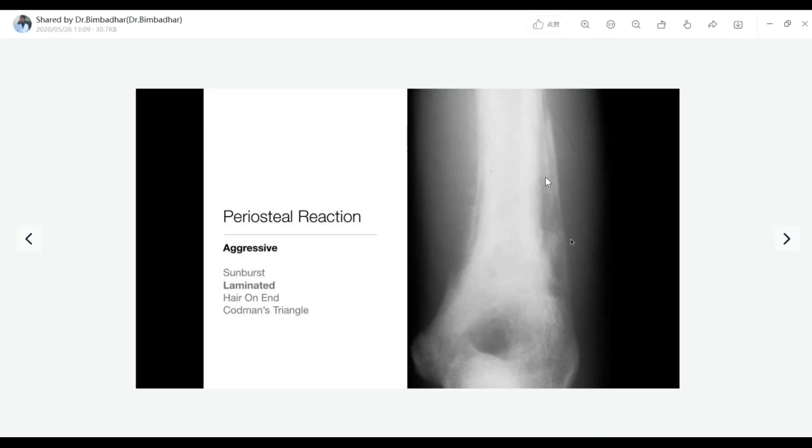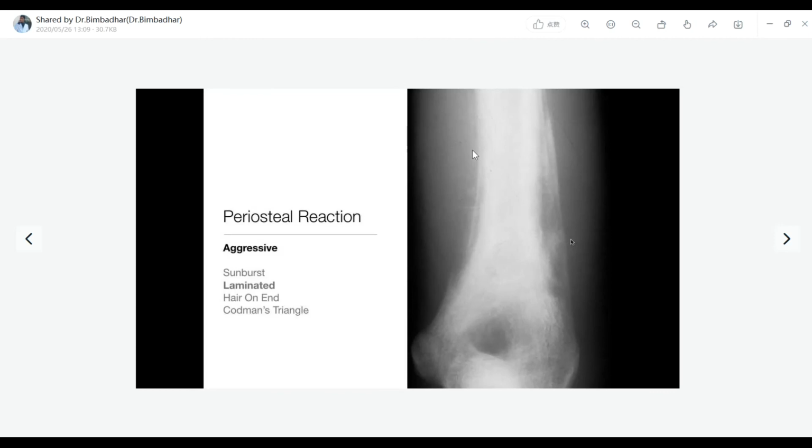Generally, the periosteum should not be seen, but here it has become prominent, right? The other thing we can find here is that the cortex has been thinned. That is also fine. Such an appearance is called a periosteal reaction.